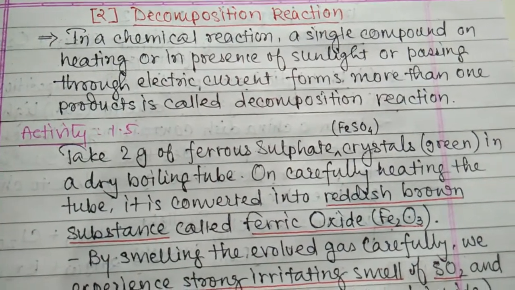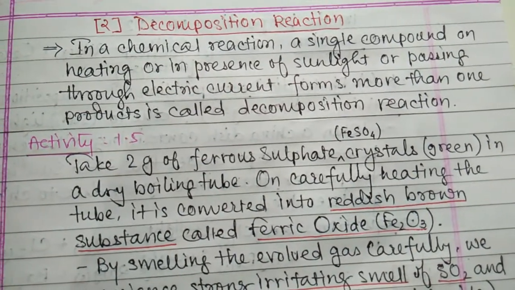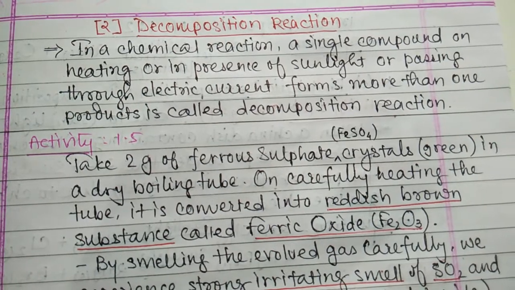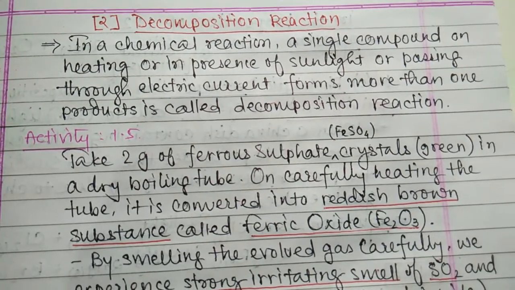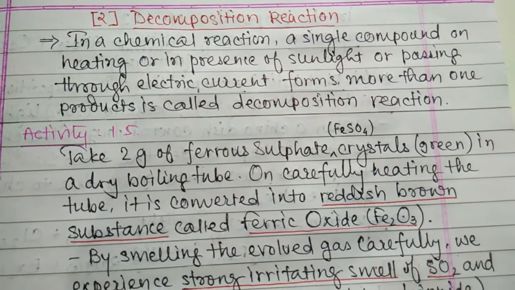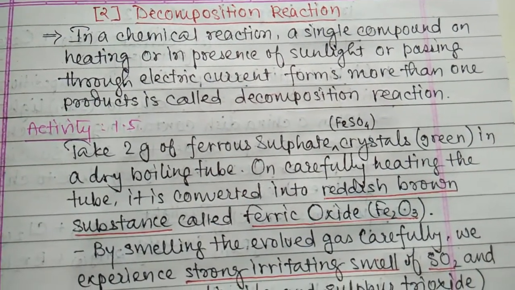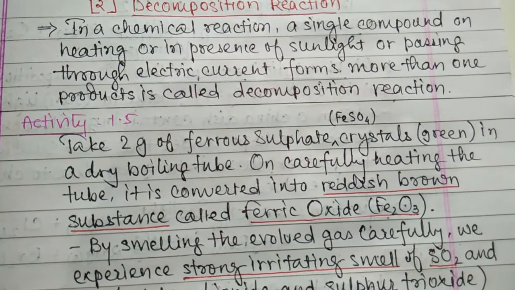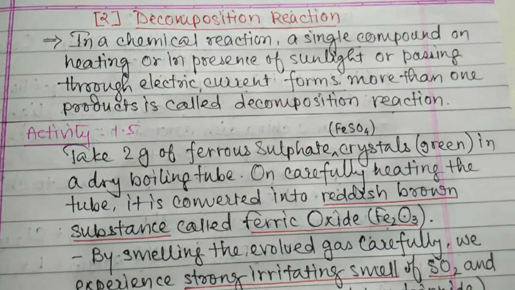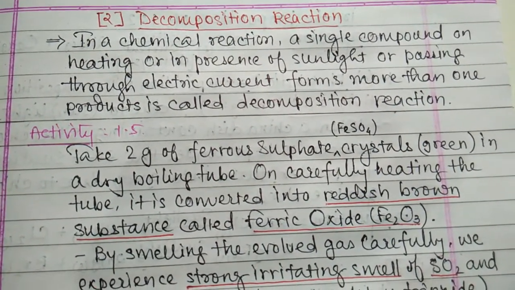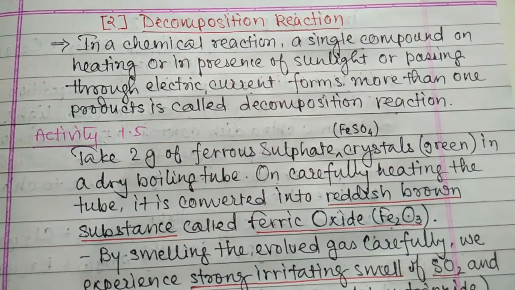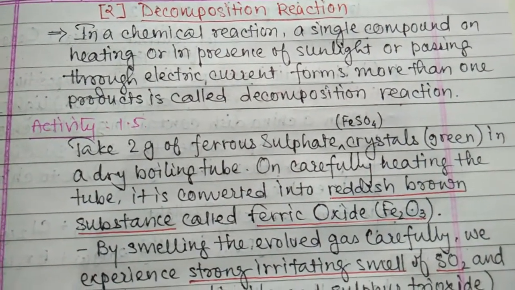Generally, decomposition reaction occurs in the presence of energy. Energy may be in the form of sunlight, electric current, or heat. Decomposition reaction is an endothermic reaction because energy is absorbed in any form.